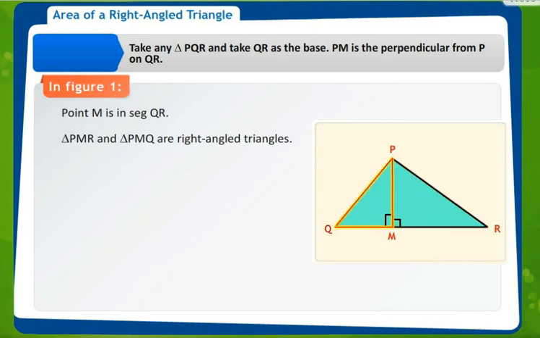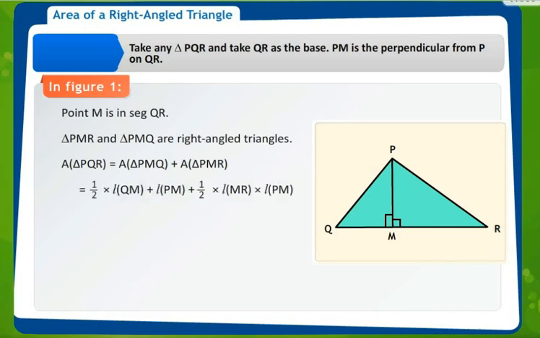So triangle PMR and triangle PMQ are right angled triangles. So area of triangle PQR will be area of triangle PMQ plus area of triangle PMR. Now area of PMQ is half into length QM into length PM, whereas for PMR it is half into MR into PM.